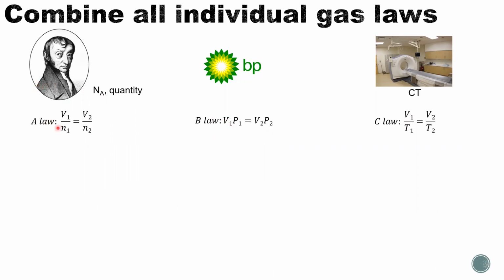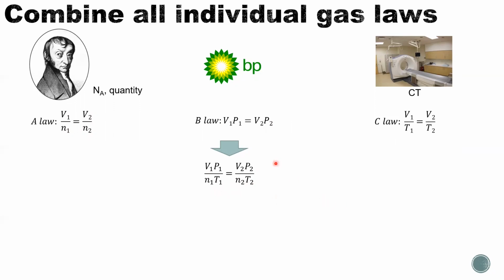If we combine all of these individual laws into one law, in terms of math, if we combine these two, we can have V1P1 over n1 equals V2P2 over n2. And then if we combine the temperature here, we can have V1P1 over n1T1 equals V2P2 over n2T2.